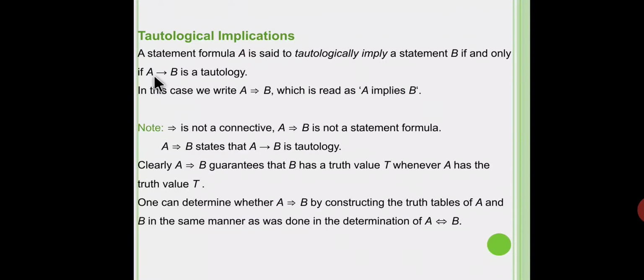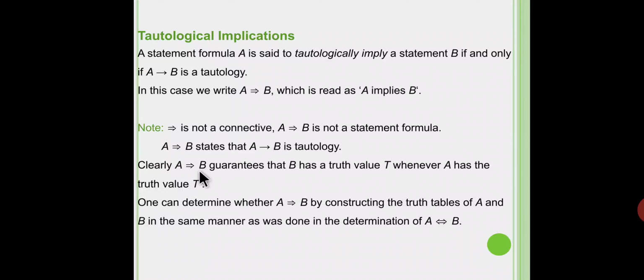In this case we write A implies B, which is read as A implies B. Here this is not a connective, and A implies B is not a statement formula. A implies B states that A implication B is a tautology.